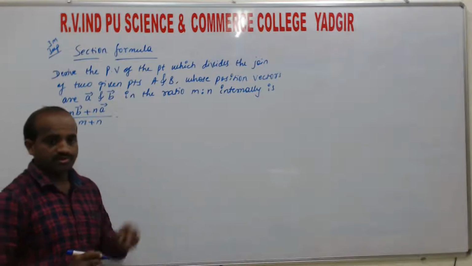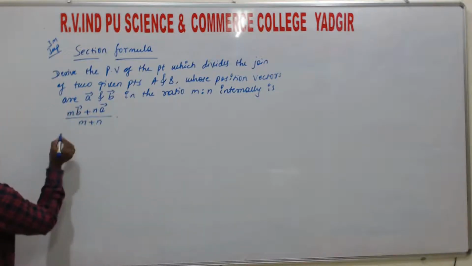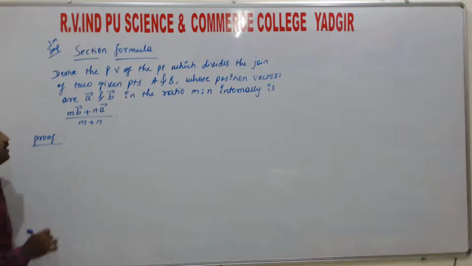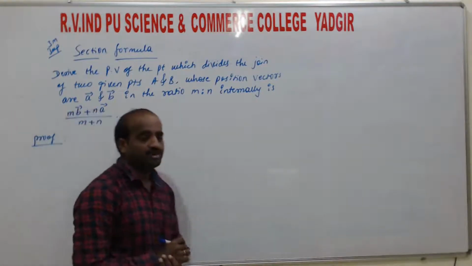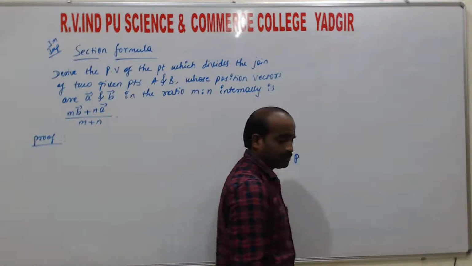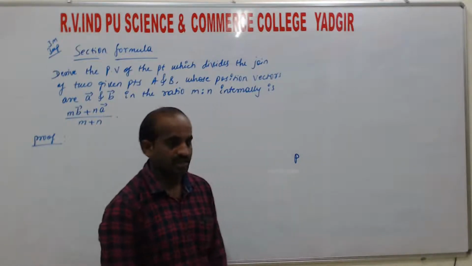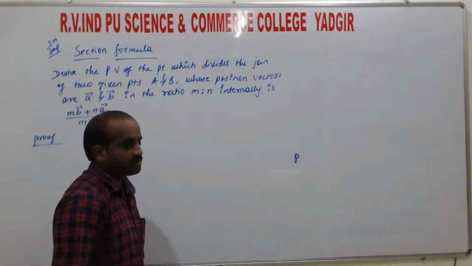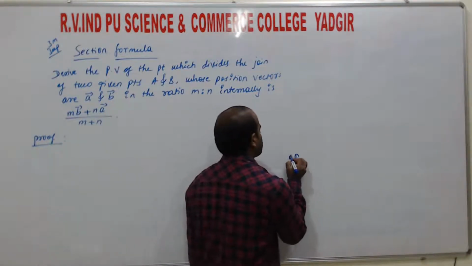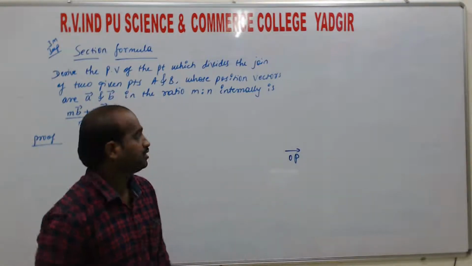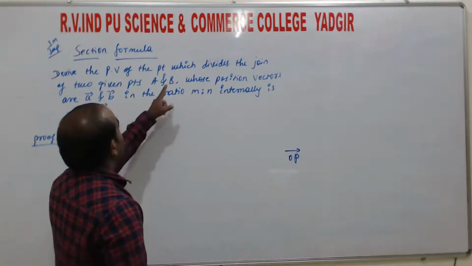3 mark question. This one very important. Proof: the position vector of the point P, or R, we have to take. The position vector of the point P with respect to the origin is OP vector, to be found out.